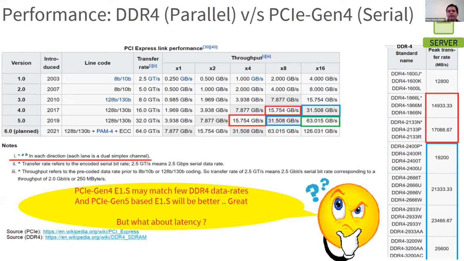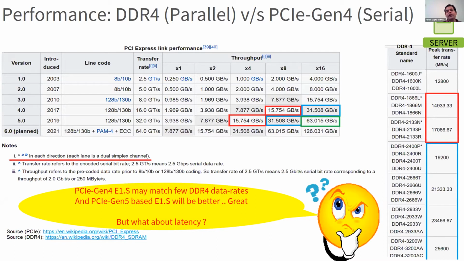If you look at the red boxes over here, you will find that the PCIe Gen 4 x8 interface, which is E1.S, can meet DDR4 performance similar to a 2400 or a 2133 data rate. So PCIe Gen 4 is still not there to meet the performance of DDR4.